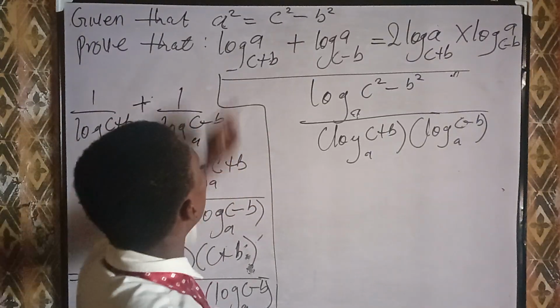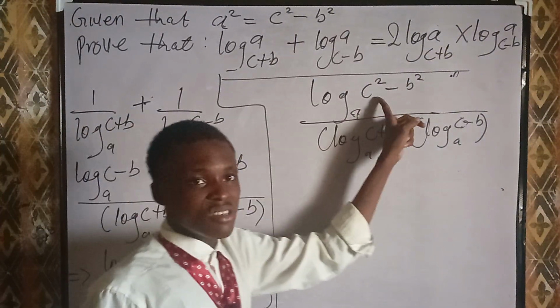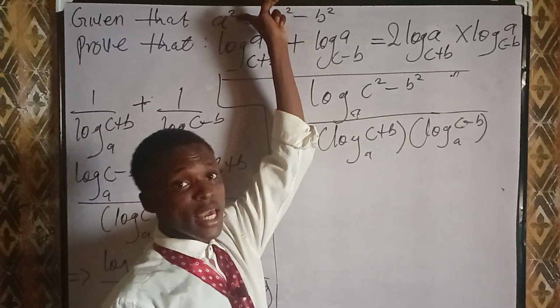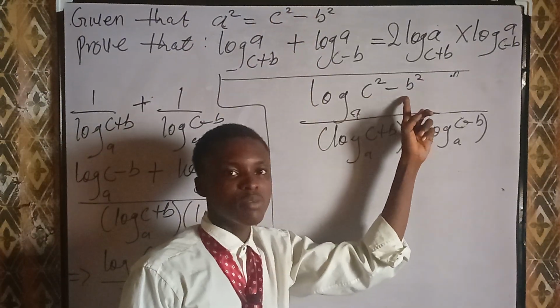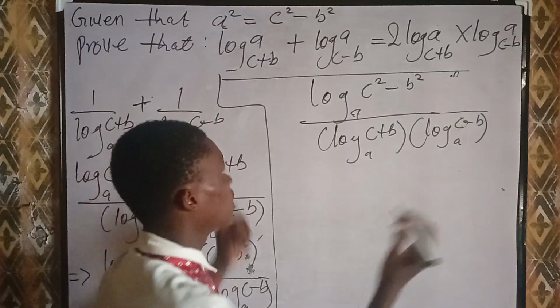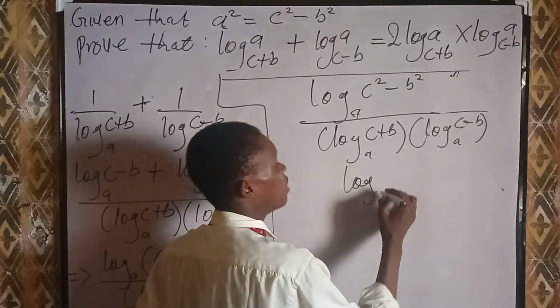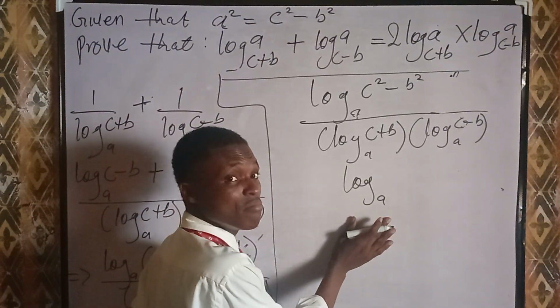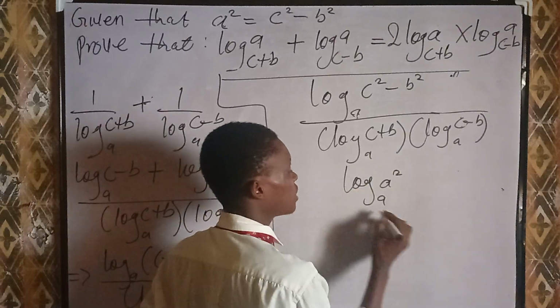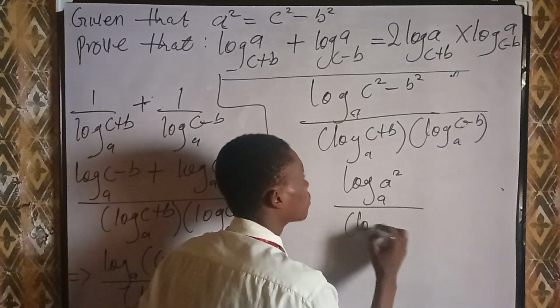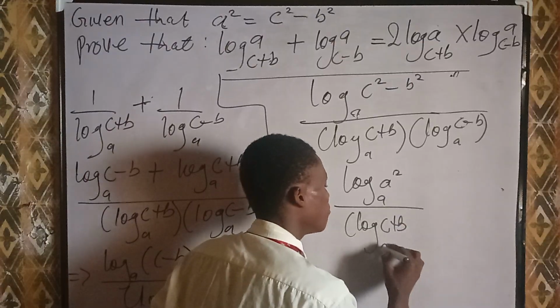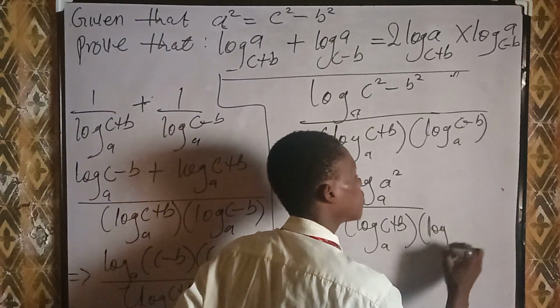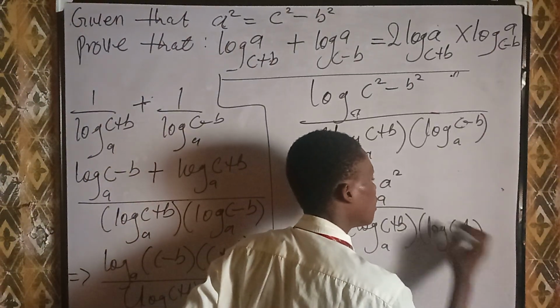All right, so from here, recall that we're given C squared minus B squared as A squared. That means whenever we see C squared minus B squared, we put A squared. So this becomes log base A of A squared upon log_A(C+B) log_A(C−B).